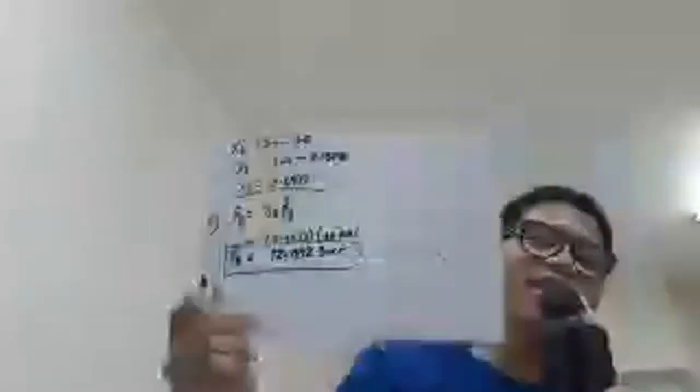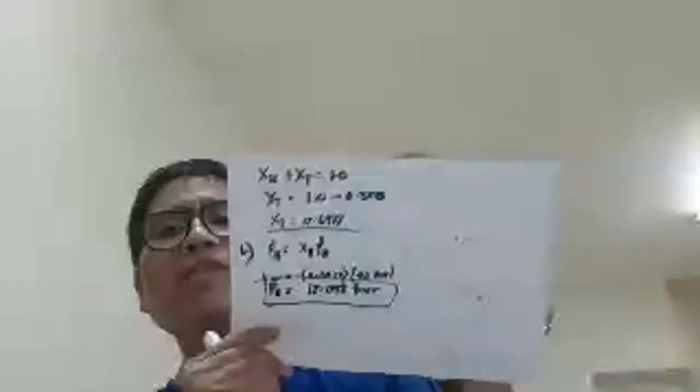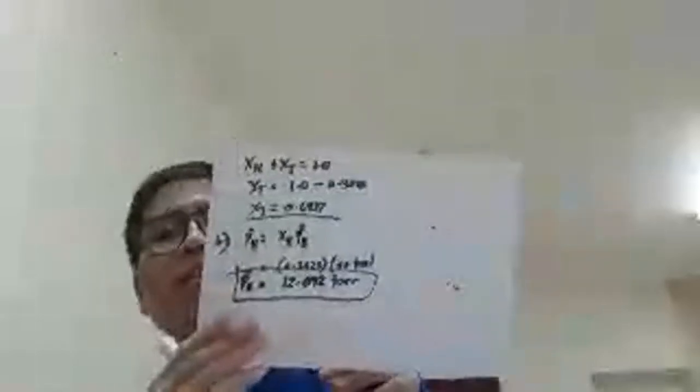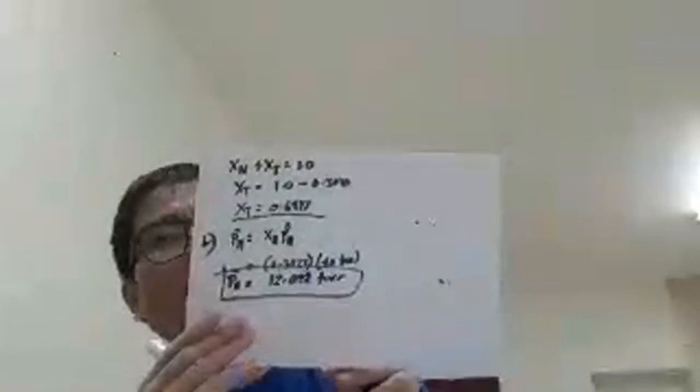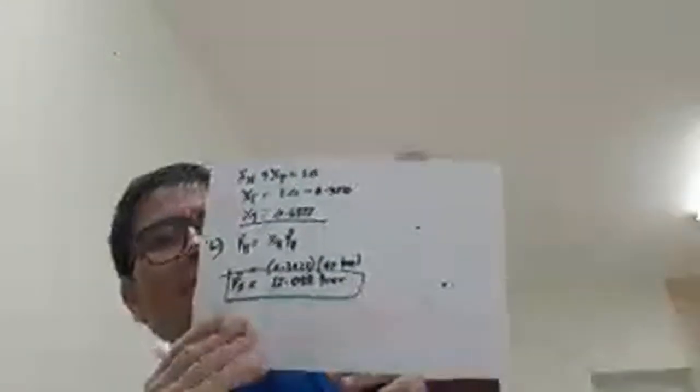So the partial pressure according to the mole fraction of heptane is already computed, and the vapor pressure is given in the problem, which is 40. Automatically, we get the partial pressure of heptane. Partial pressure of toluene, same thing. Mole fraction of toluene, we already got 0.6979 by computation.